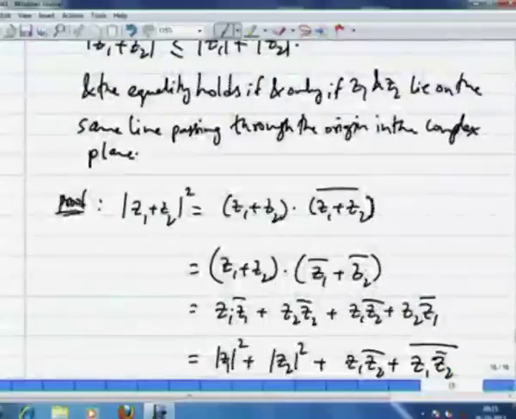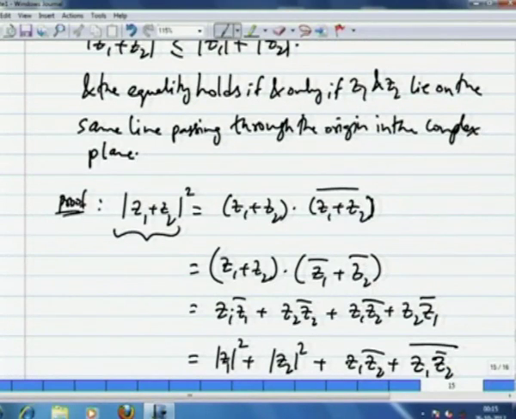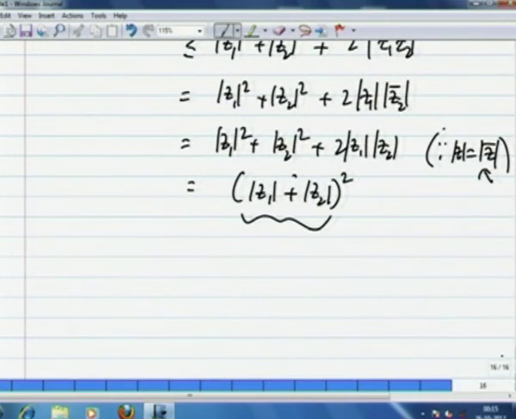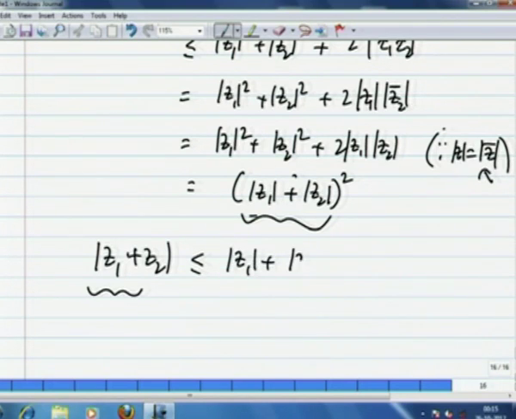So, since the modulus of z 1 plus z 2 is a real number, the square of this is less than or equal to the square of this. So, we conclude, since both these are non-negative real numbers, that the modulus of z 1 plus z 2 is less than or equal to modulus of z 1 plus modulus of z 2, which is the triangle inequality.